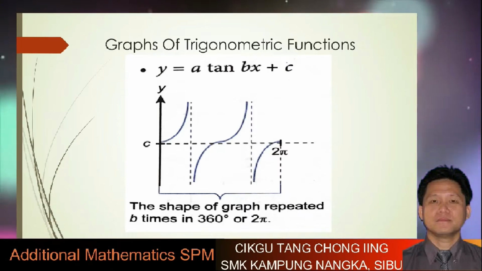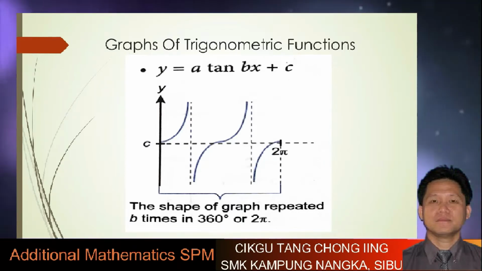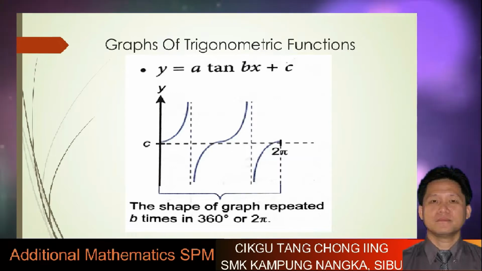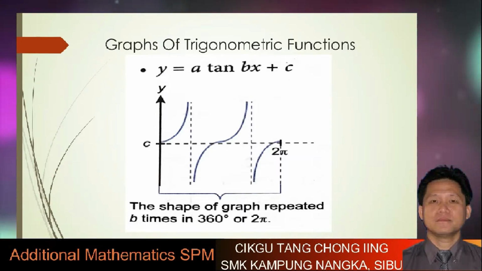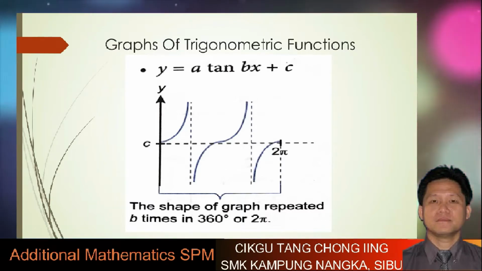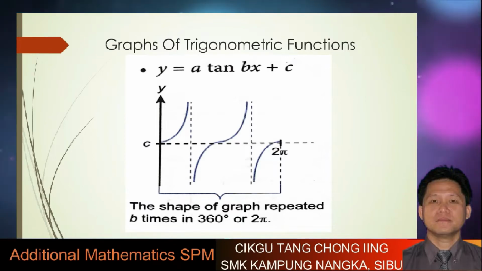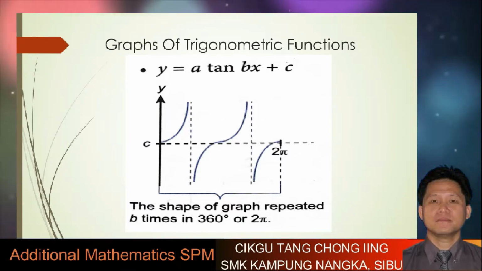But B here does have impact, right? The shape of this graph is repeated b times in 360 degrees or 2 pi radians, meaning the whole shape. Again, if you have 2x, then it will be repeated 2 times.